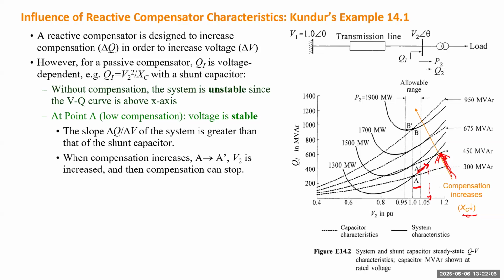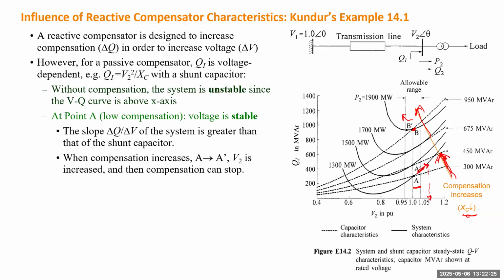Okay, but if you study another condition at B, the voltage is not good enough and you want to improve the voltage, you still go in the same direction. But in this direction, what happened?